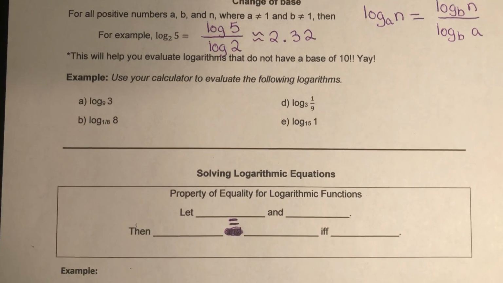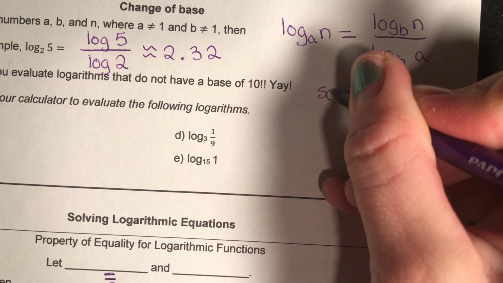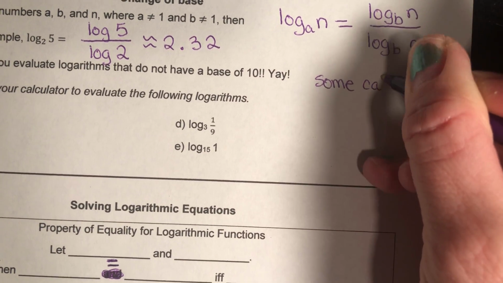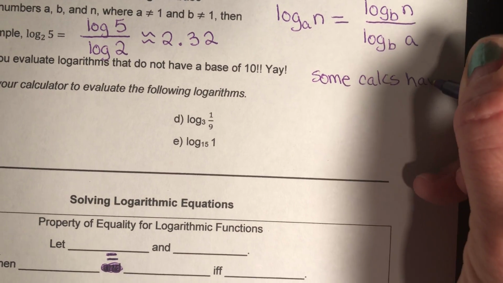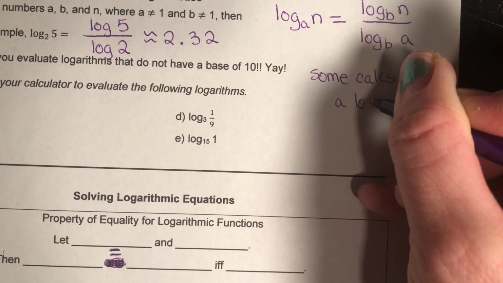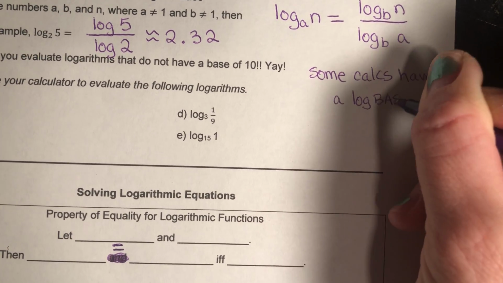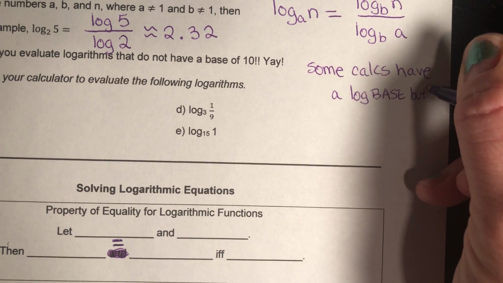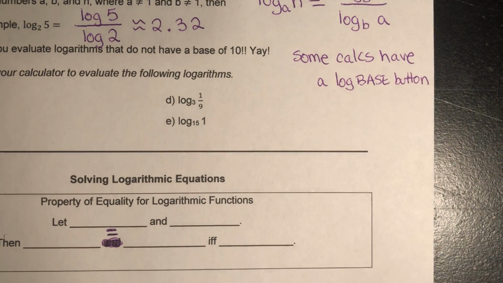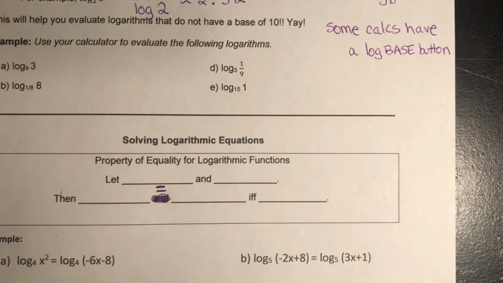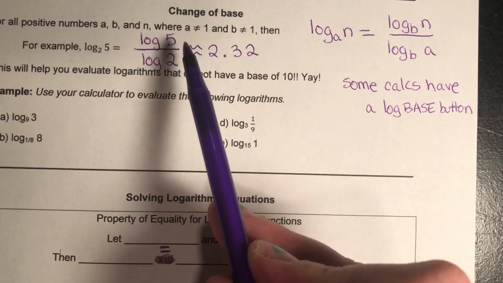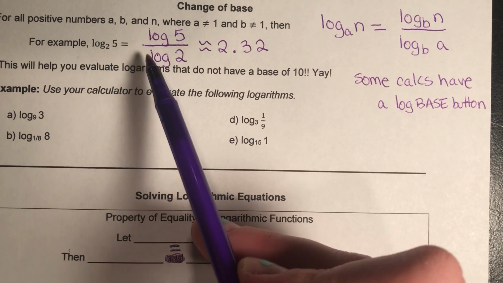Now, some calculators have a log base button. This is not all calculators, but some do. This is a very helpful little button. So, like I said, we use change of base to evaluate this logarithm.